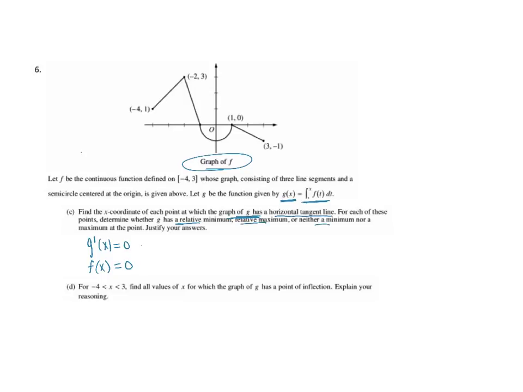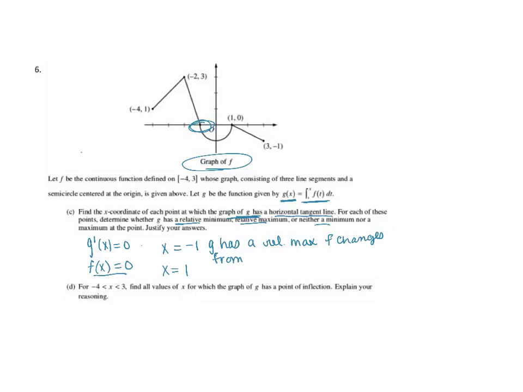And for each of these particular points, we need to determine if we have a relative minimum, a relative maximum, or neither. So let's look at our graph and see. We're going to have f of x, or that graph, is going to be 0 at negative 1, and it's going to be at positive 1. Now at negative 1, this area here, G has a relative max, because f changes from positive to negative.